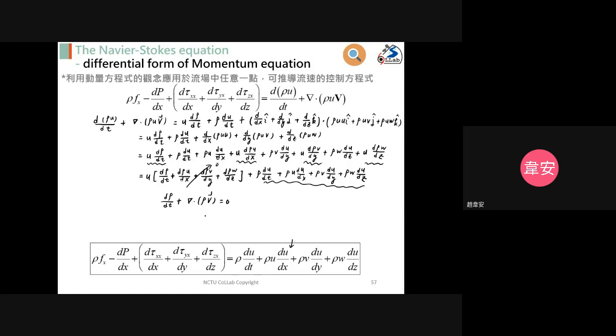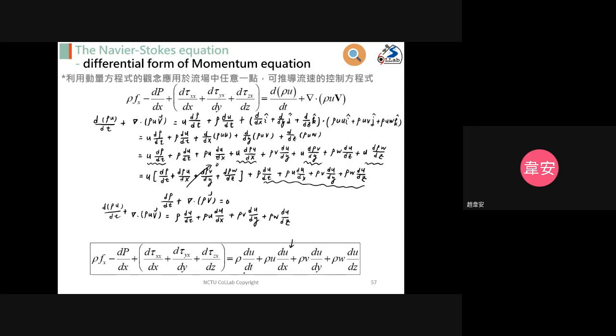So finally, for our d rho u dt plus the divergence of rho u V vectors is equal to rho du dt plus rho u du dx plus rho v du dy plus rho w du dz.